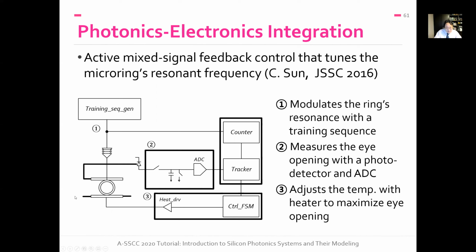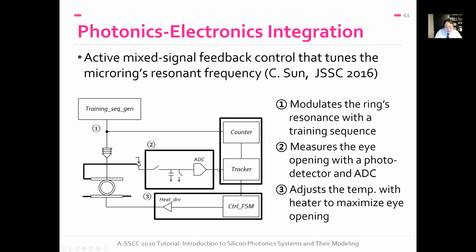there is a continuous light coming in to this ring modulator, and you modulate the ring resonator with a training pattern. It's like a PRBS pattern that has equal ones and zeros, and then you use the filter structure to tap some of the energy being modulated and monitor it with a photodetector.